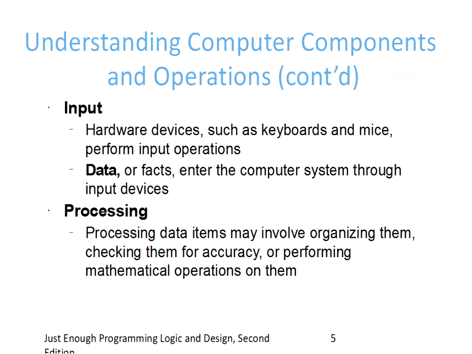You process the information. So when we look at flowchart symbols later on, we're going to have a flowchart symbol for input and output operations when we are inputting data. Last time we talked about how computers can only do one thing at a time. So when we input the data, what do we do with that?